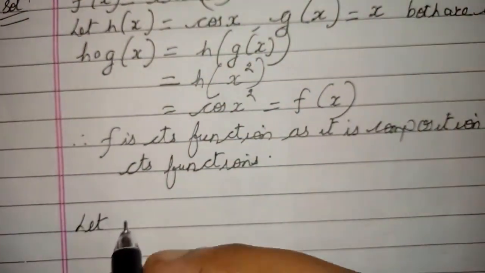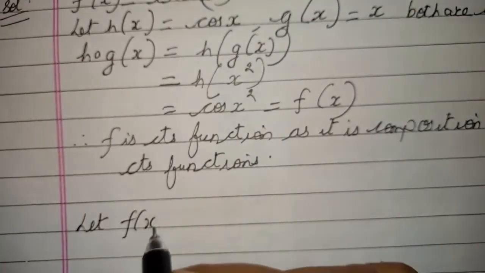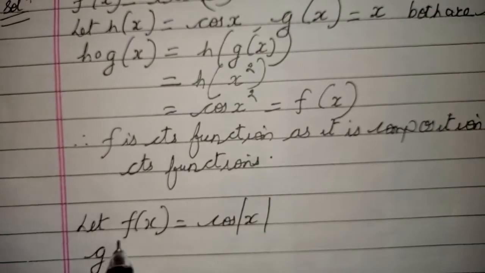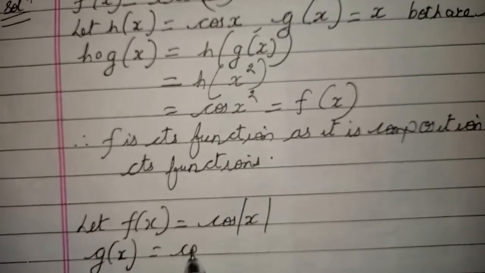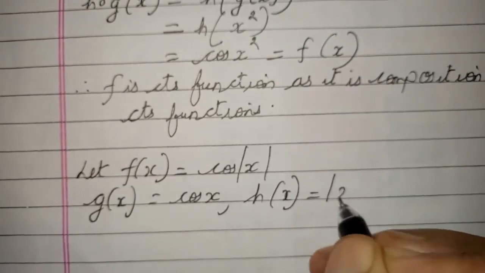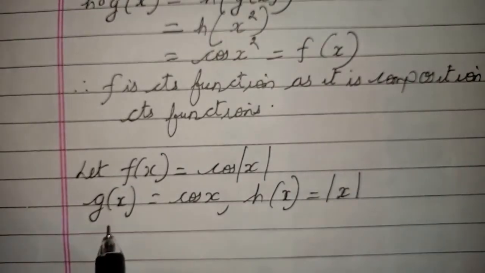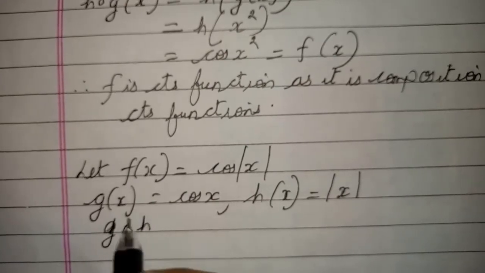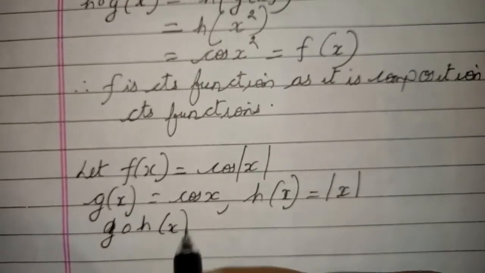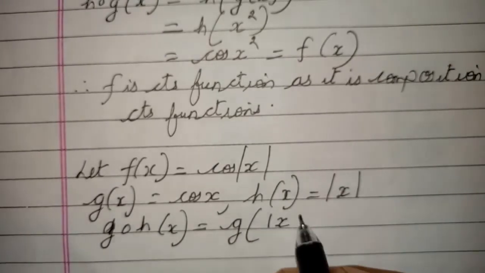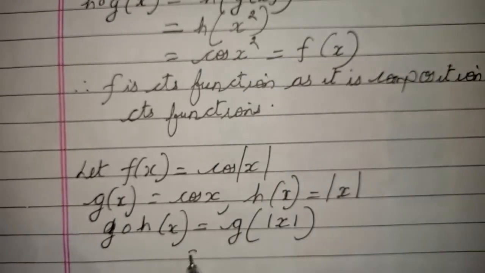The next one is cos of mod of x. So let me take f of x as cos of mod of x. g of x I will take as cos x, and h of x I will take as mod of x. This time I have written the names the other way around. So this will be g of mod of x, because h of x is nothing but mod of x. So this is g of cos of mod x.